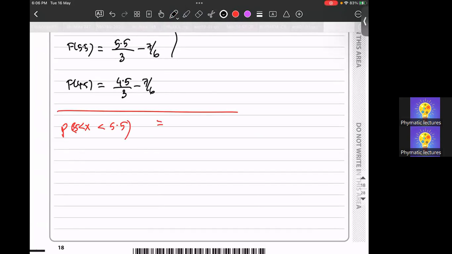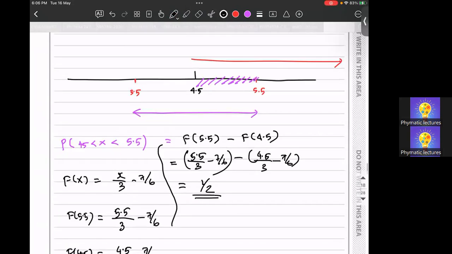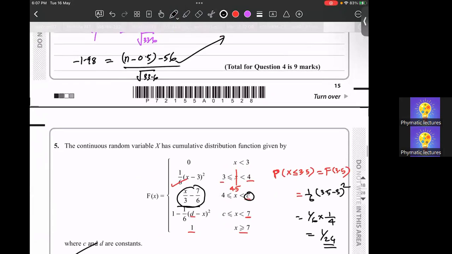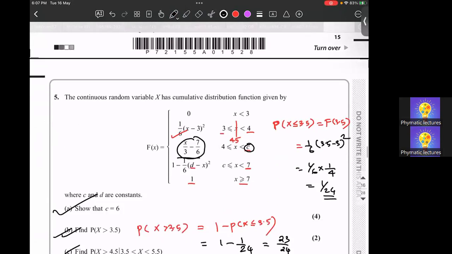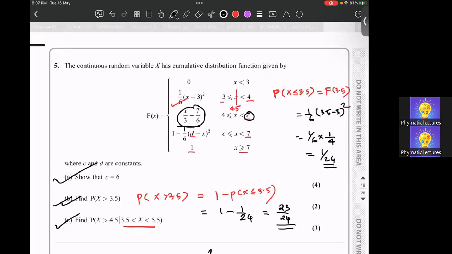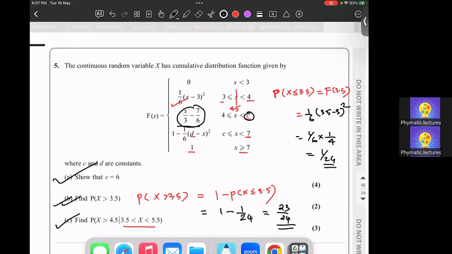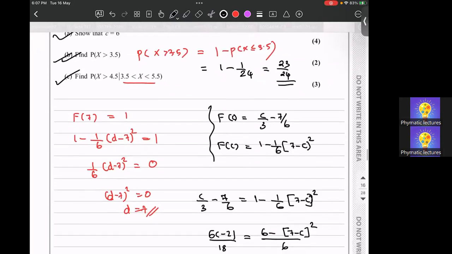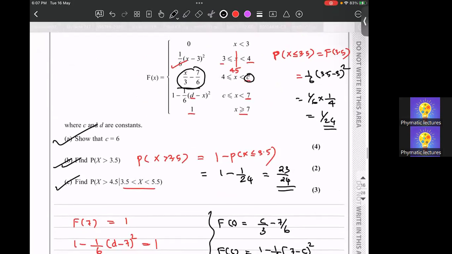Here, if you want to find that probability from 3.5 to 5.5, see this. 3.5 to 5.5 means some part, because we already know the probability of x less than 3.5, and we already know the probability of x greater than 5.5.